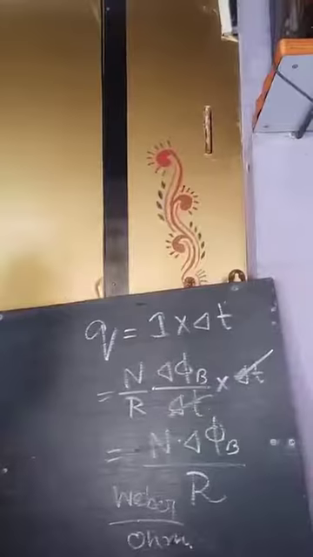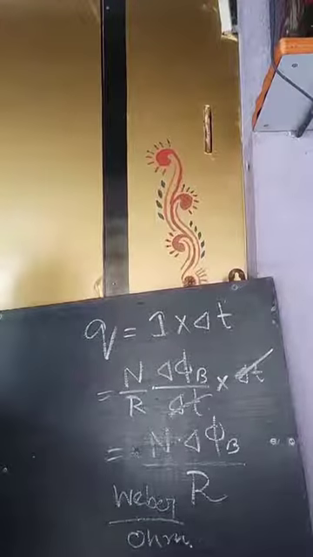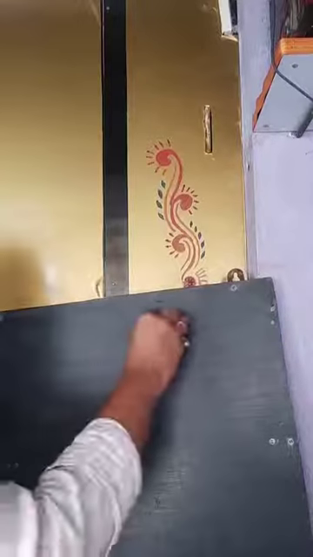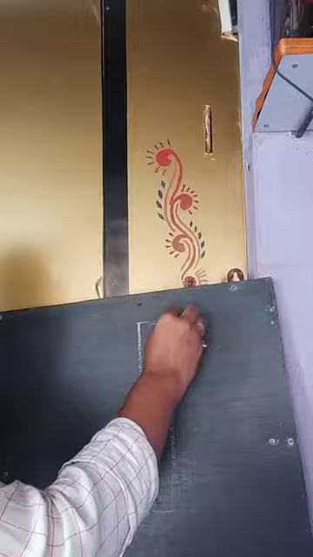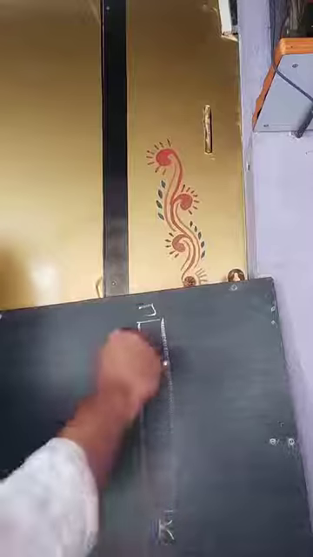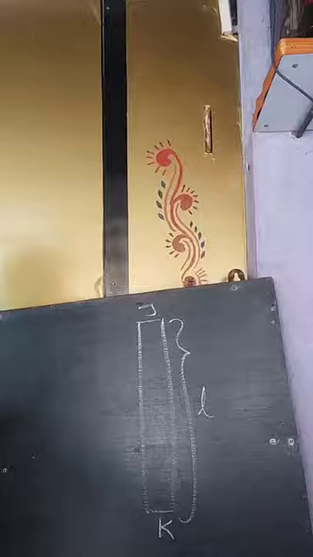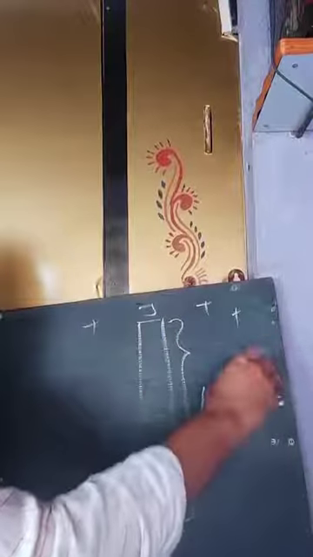Next I will discuss the motional EMF. For the motional EMF, let us consider a long, thin conducting rod JK of length L, situated in a uniform magnetic field B perpendicular to the plane of the paper.